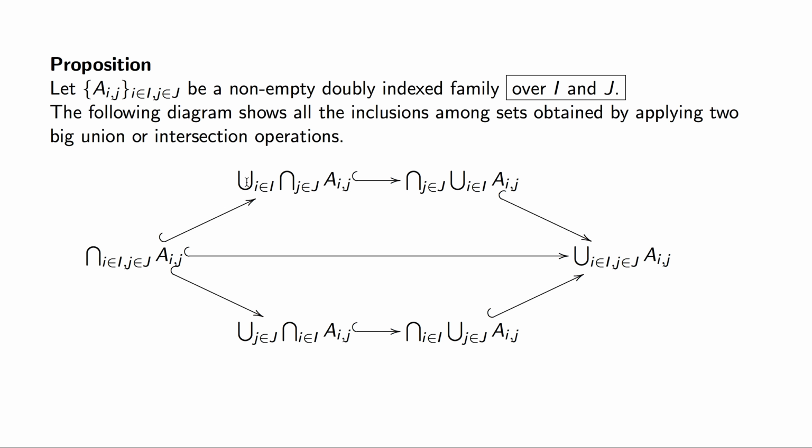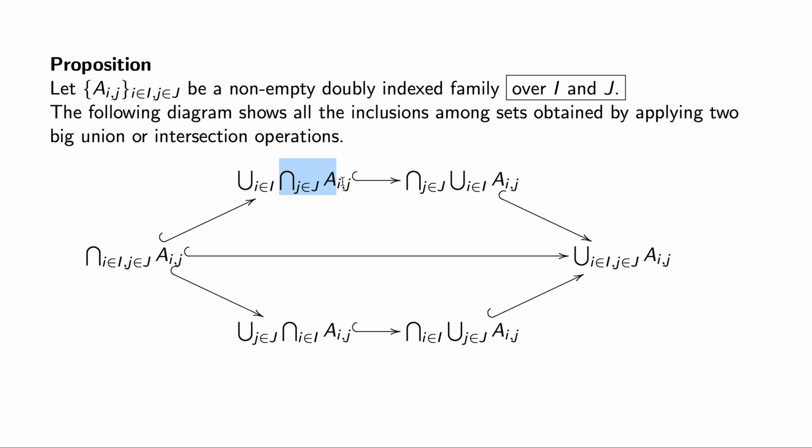So intersection first, union second, or union first, intersection second, or this is the result of applying the two unions, union with J in capital J and union with I in capital I. Please notice that A sub ij is a doubly indexed family of sets.